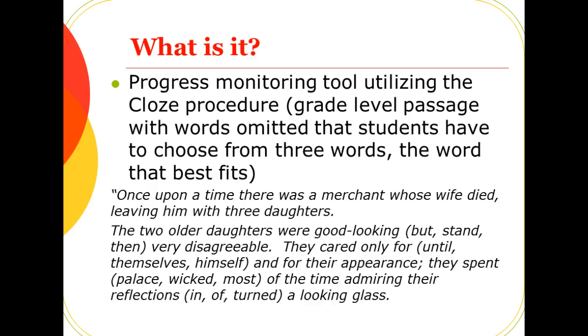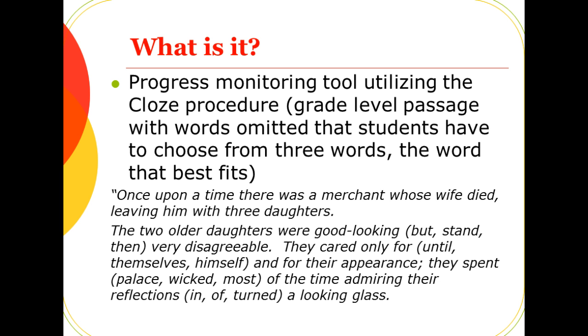For example, right below is an example where it goes, once upon a time there was a merchant whose wife died, leaving him with 3 daughters. The 2 older daughters were good looking, and then the student has to choose between the next 3 words, but, stand, or then, to see what would make the most sense. So it would be the 2 older daughters were good looking, but very disagreeable.